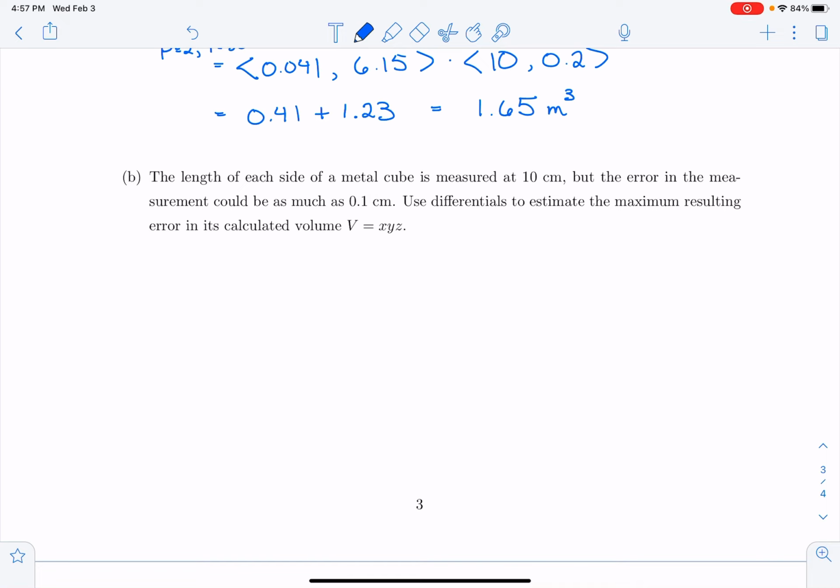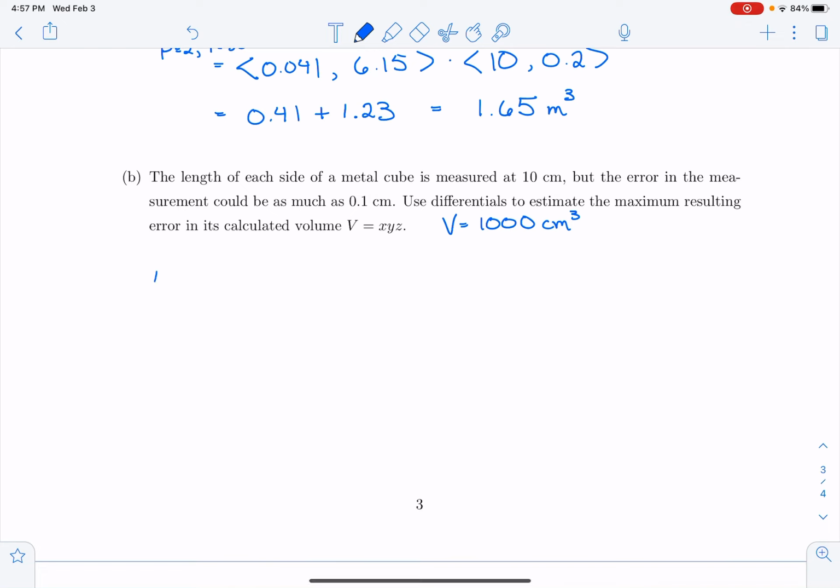Here we're going to calculate the volume. That volume is going to be 10 times 10 times 10, so 1,000 cubic centimeters. And we've measured each of the sides to be 10 centimeters, but they could be off by essentially a millimeter, 0.1 centimeters. We want to use differentials to figure out how far off could the volume be?